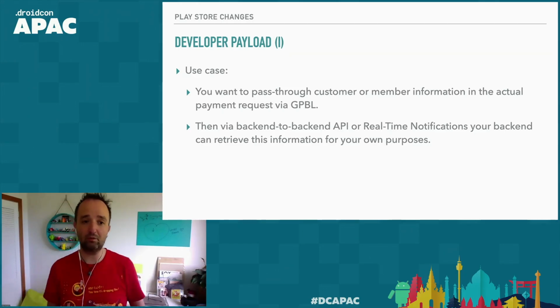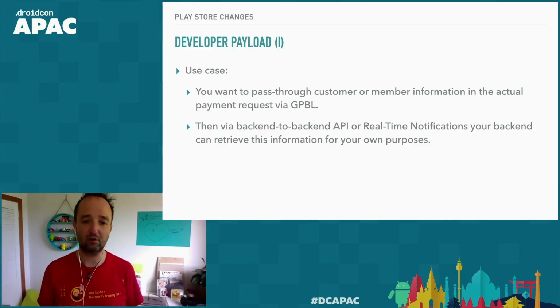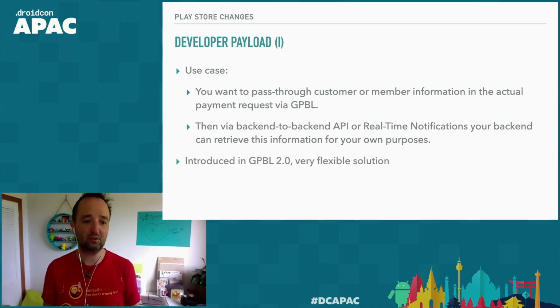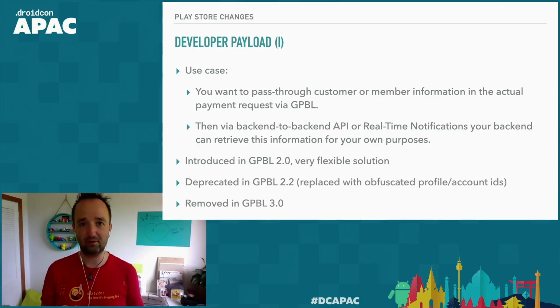But if you want to do that backend to backend without your app having to go to your backend, which could be another error-prone scenario, then this is a really nice, smooth flow, just passing the data through Google. That was introduced in Google Play Billing Library 2.0, very flexible. It was deprecated in 2.2 and removed in 3.0.